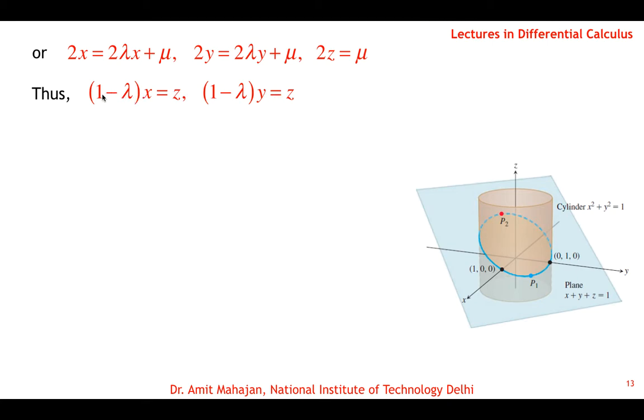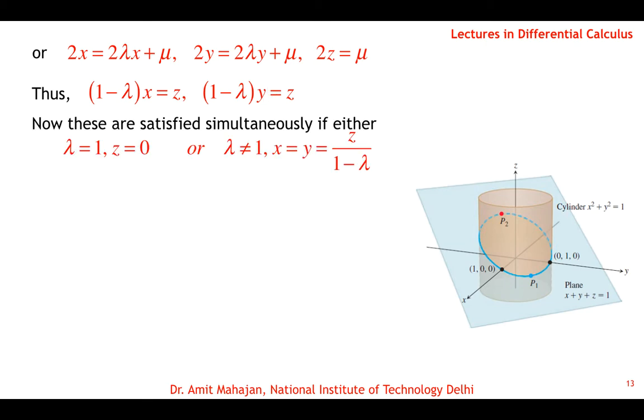And if lambda is not equal to 1, then we can calculate x as z over 1 minus lambda and y as z over 1 minus lambda, so x equals y in that case. So what we have is, if lambda equals 1 then z must be 0. Or if lambda is not equal to 1 then x must be equal to y, and both values are equal to z over 1 minus lambda.